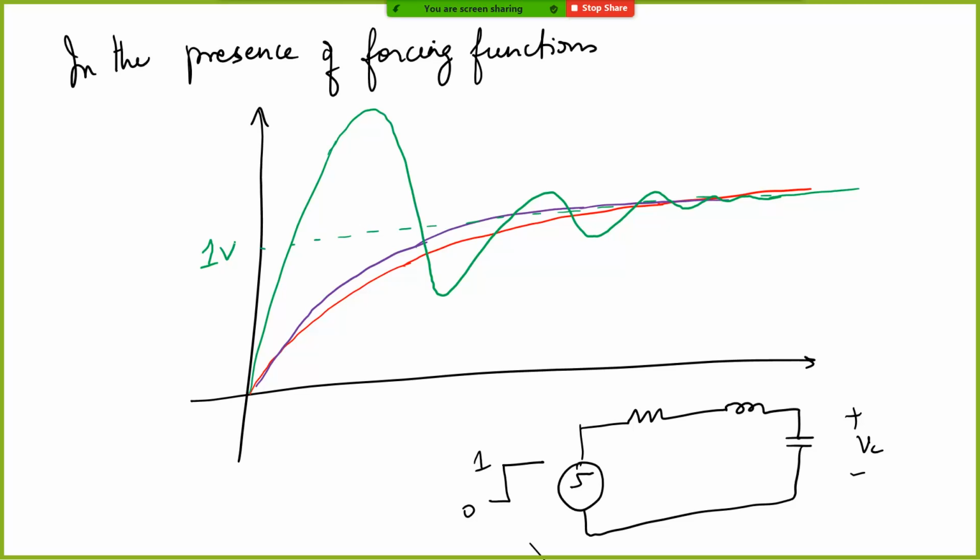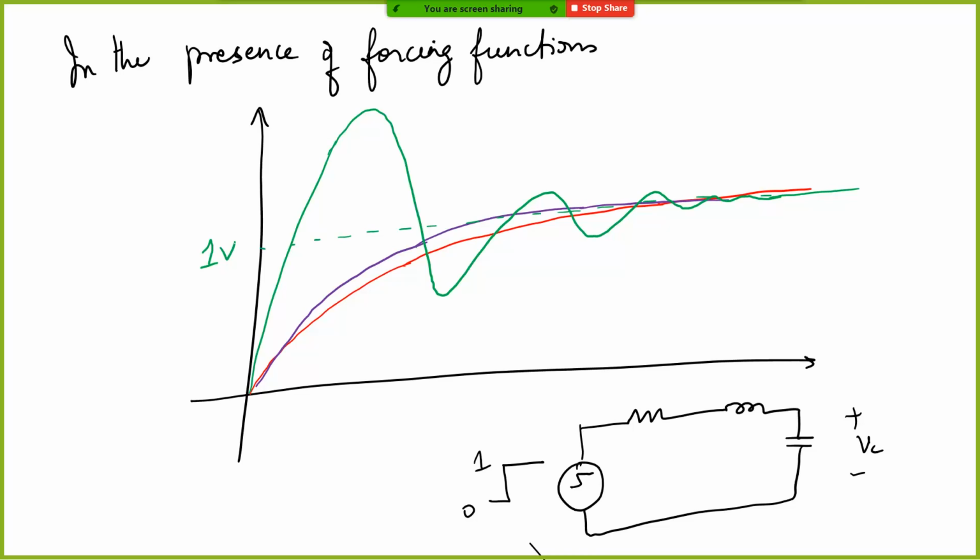Therefore, the forcing function is what we define as the thing that, at the end of the day, forces the response to go to a certain value, which is I of infinity or V of infinity.